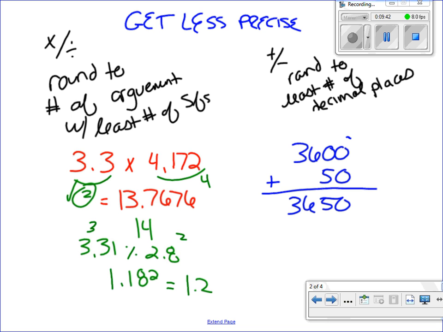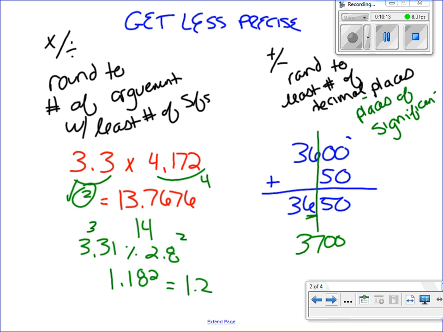3,600 stops being significant right here. So that's the place you round it to. It doesn't mean that you ignore the 50 altogether. It means that that's the place you round it to. So I would round this to the hundreds place, and this would become 3,700 with proper sig figs. Places of significance. So it's not quite decimal places, it's more places of significance.